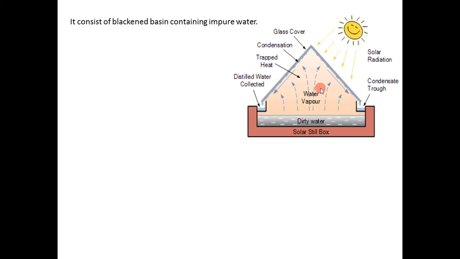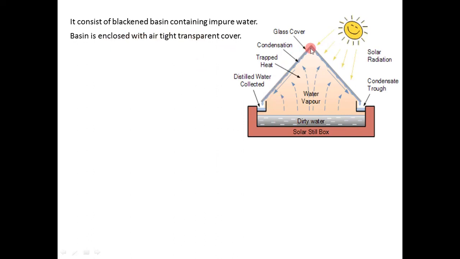It consists of a blackened basin containing impure water. Here the blackened basin means this part which is pink in color, which is insulated from the outside, and it is laid with a black surface having more absorption capability. This basin is enclosed with an airtight transparent cover.